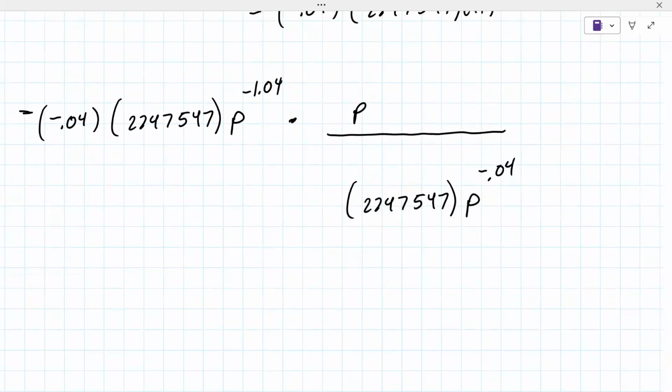Okay, so this is the first box, but we can simplify a little bit and make it cleaner. This cancels with this, and then you end up getting, oh, it does just work out. Oh, that's amazing. So it ends up just being 0.04 for that first box, which means it actually doesn't depend on price, because the price goes away. So the second box is also 0.04.